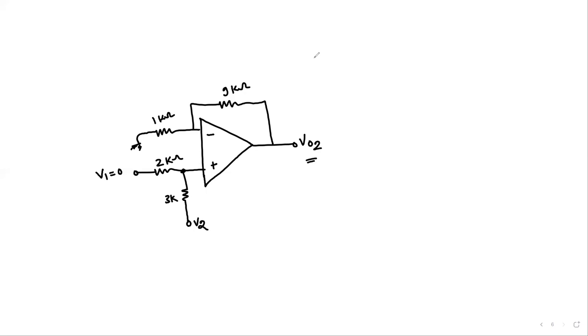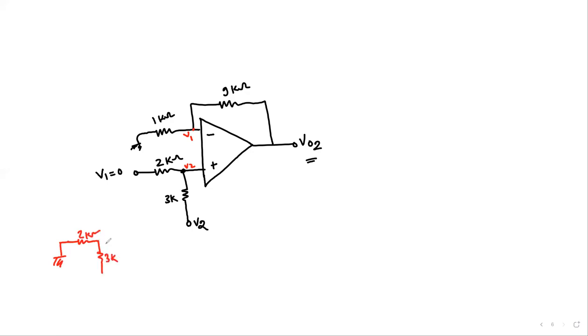Okay. So again, we have the node V2 and we have the node V1. So how to understand this? So basically we see that this is ground and this is 2 kilo ohm.